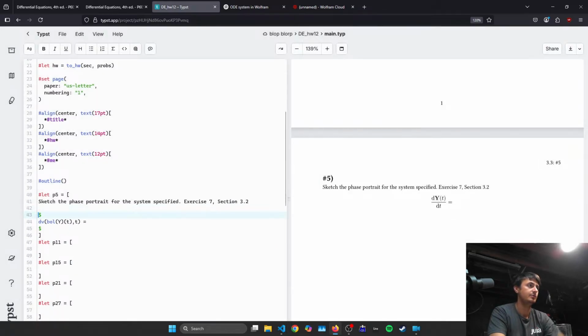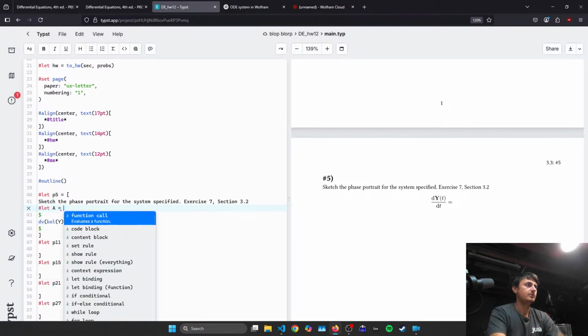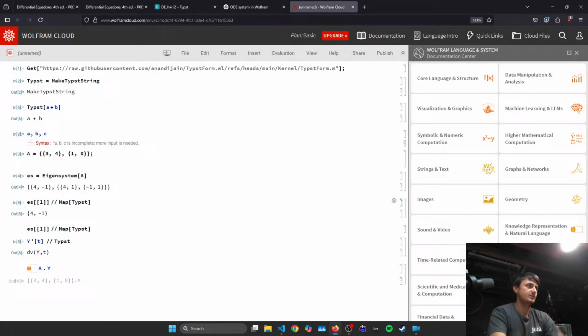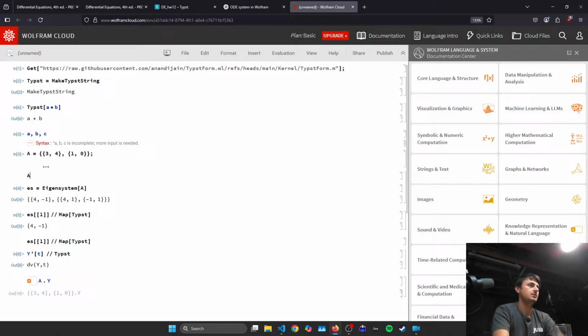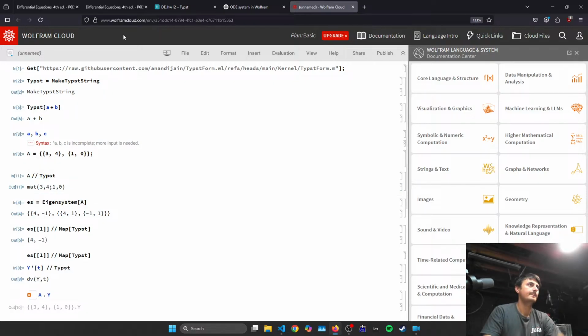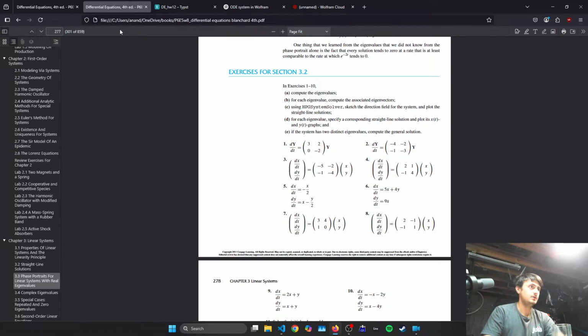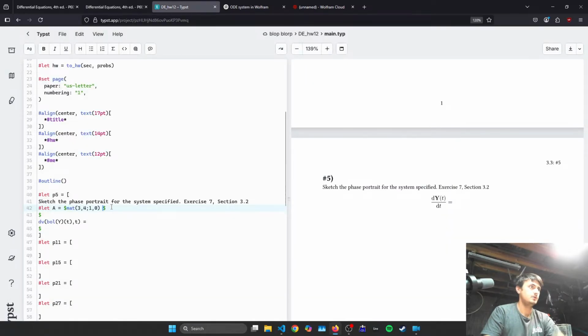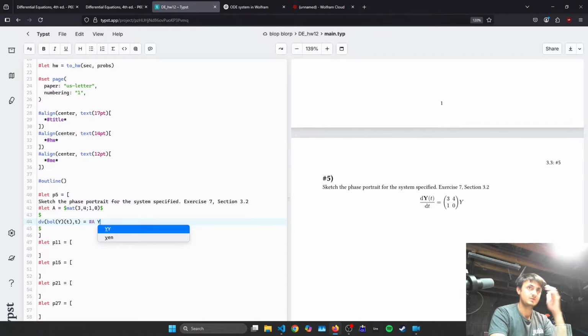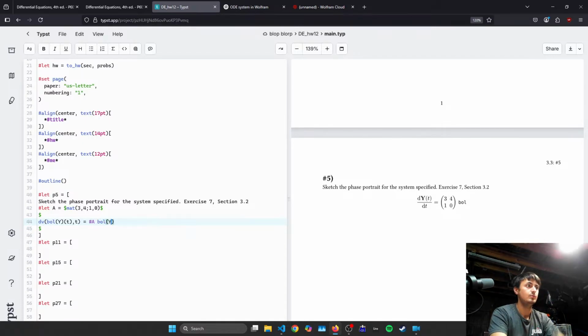I'm trying to add a new line above myself. Let A equal, and then what's my matrix? Let's just do this. A types. What the hell is going on here? Oh wait, we need to do bold y. All right.